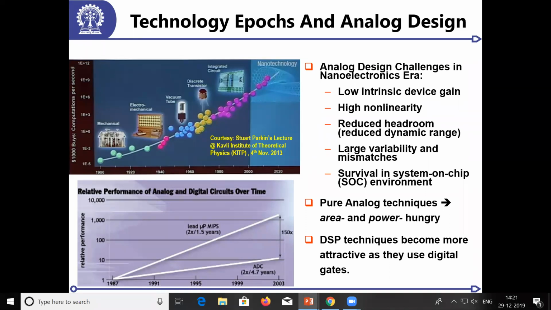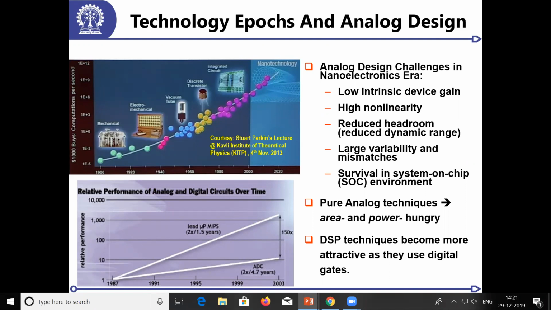So imagine how things have progressed. The point I brought this up is that computations are proportional to digital computations. The microprocessor industry has caught up with this, and they have gone up significantly. But what has happened is that analog and RF design has not scaled as much.